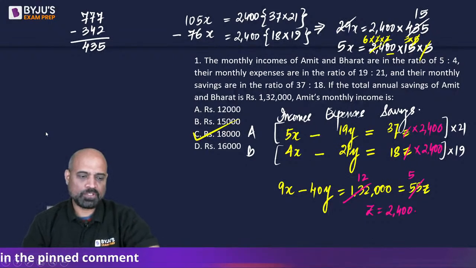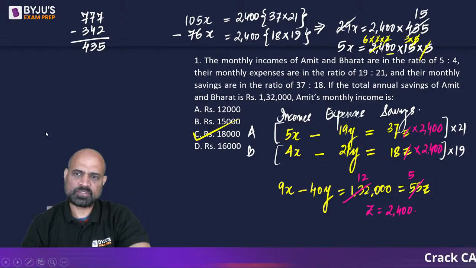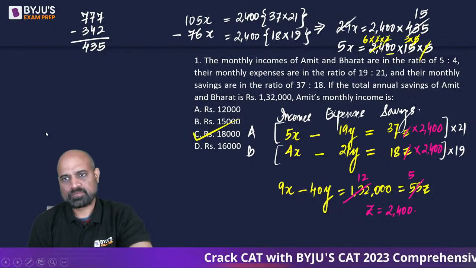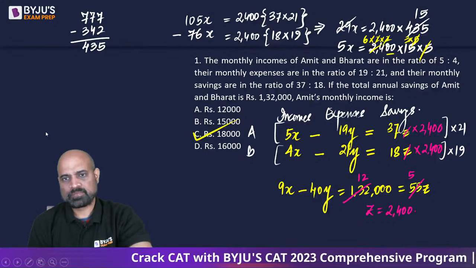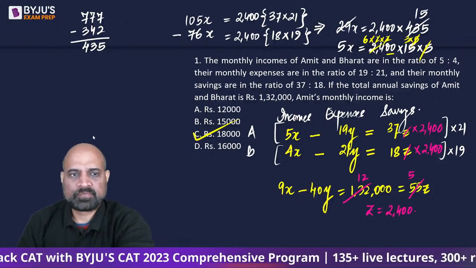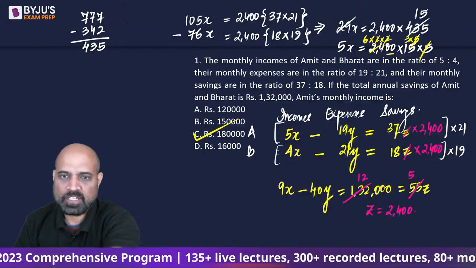And what about this? 1,32,000. Is it 1,32,000? Let's check this. Okay, so what is missing is there is an extra 0 that we are supposed to have.